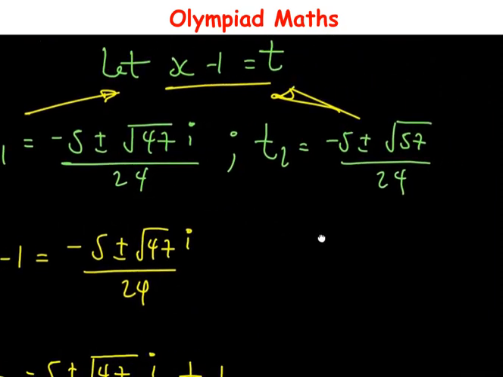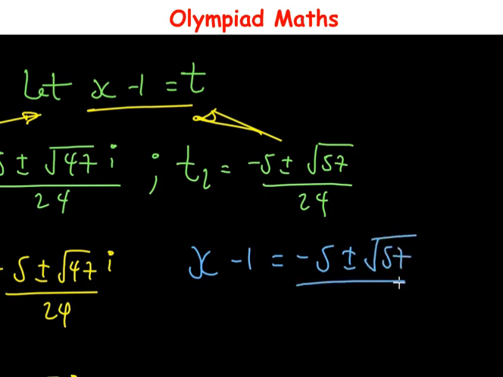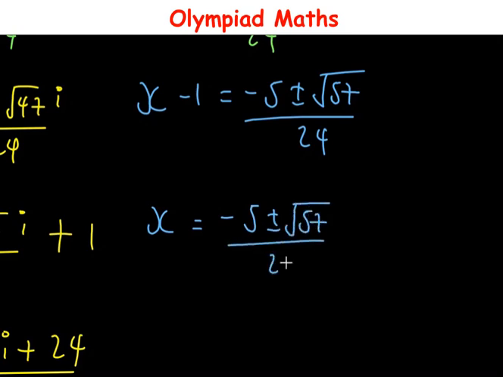What of the other solution of t? Inputting t2 into this equation, we have x minus 1 is equal to minus 5 plus or minus root 57 all over 24. So x is equal to minus 5 plus or minus root 57 over 24.